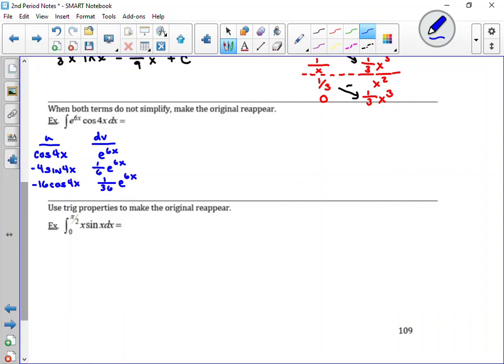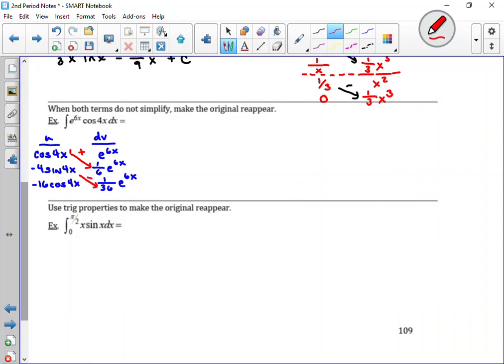Okay, now, if we kept doing this, we would go on forever, right? So, that would be ridiculous. You stop when you get to the original two functions that you started with, ignoring the coefficients. So once you get cosine 4x and e to the 6x back, those two functions back, then you stop your table. Okay? And so now we're going to go, same as we did before, plus, minus.